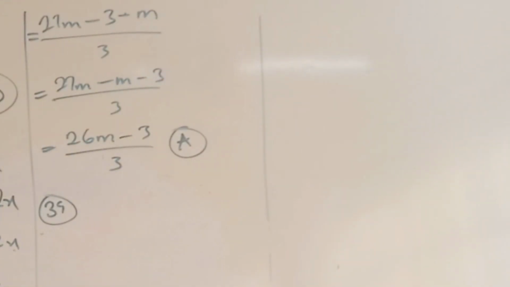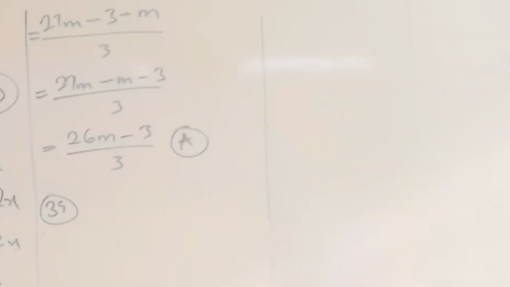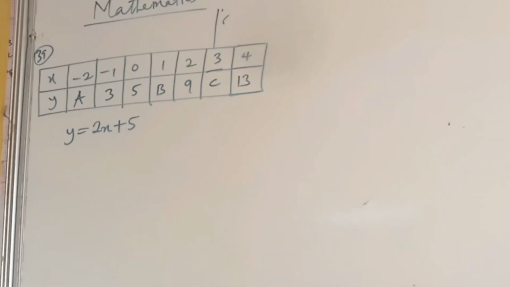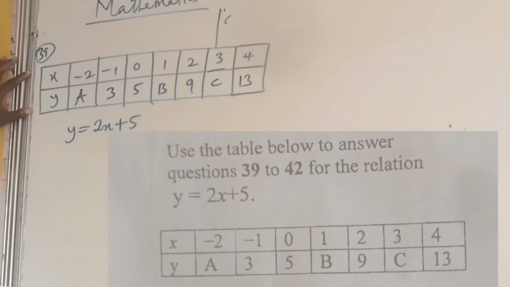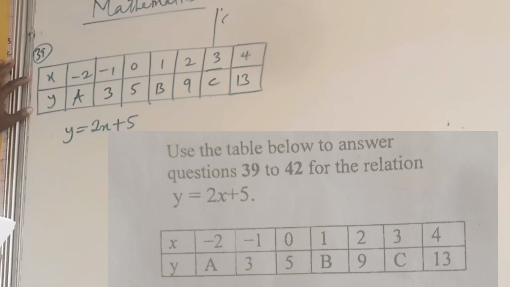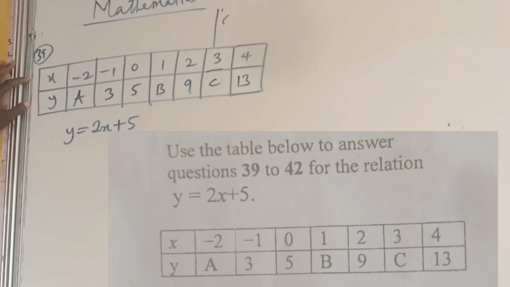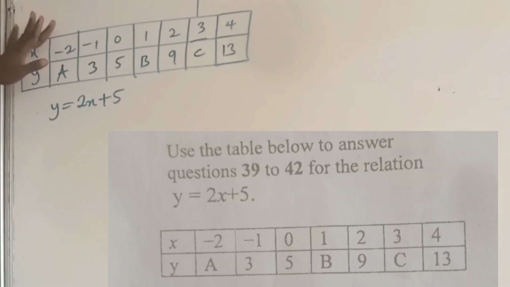39. Use the table below to answer questions 39 to 42. For the relation y equals 2x plus 5. So let's pause it. We are using this table to solve questions 39 to 42. Right?